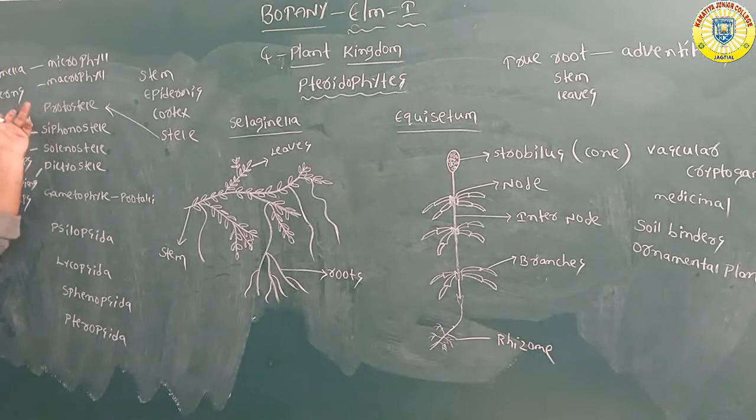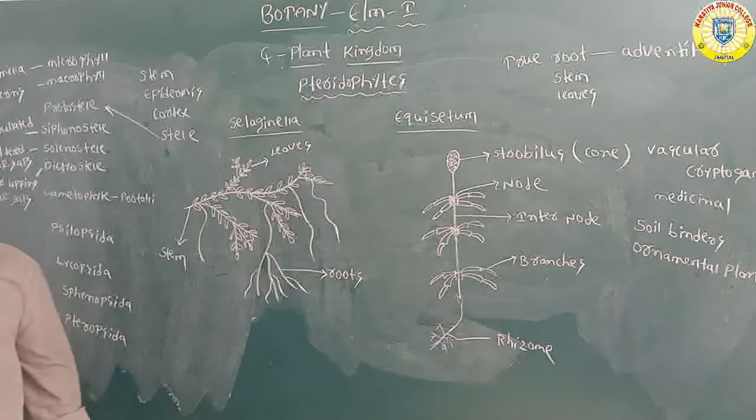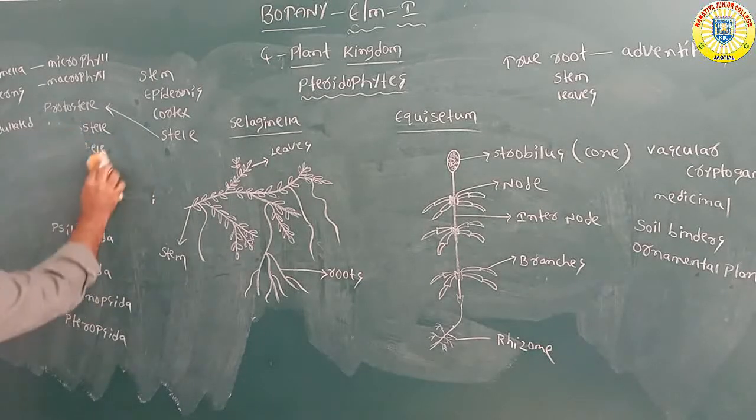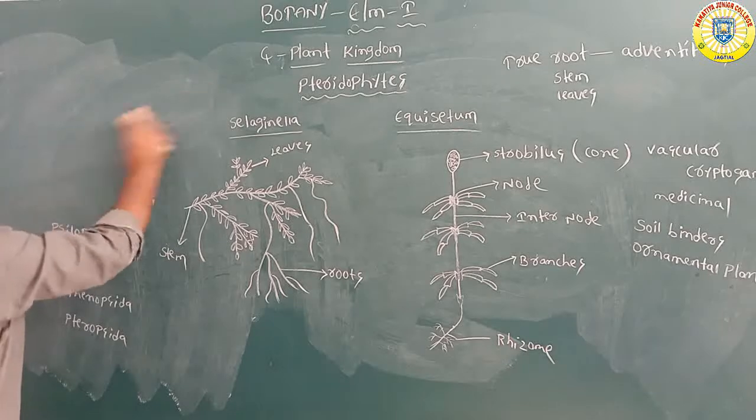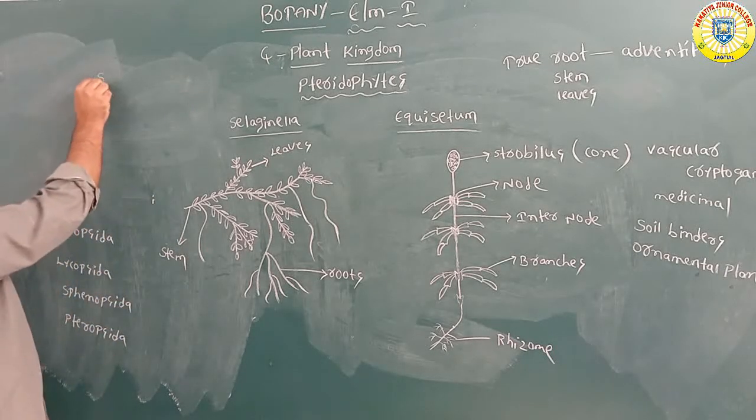Macrophylls example fern. Okay, then. And here you can see sporangia.